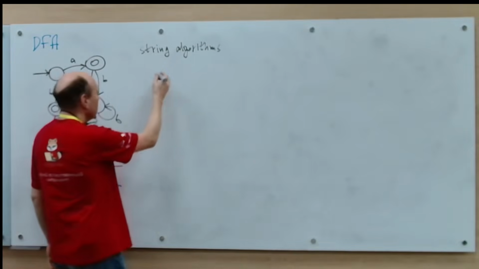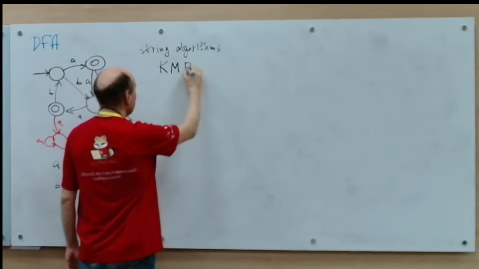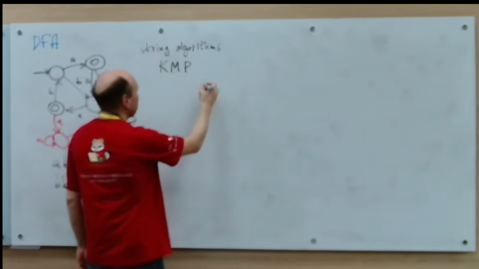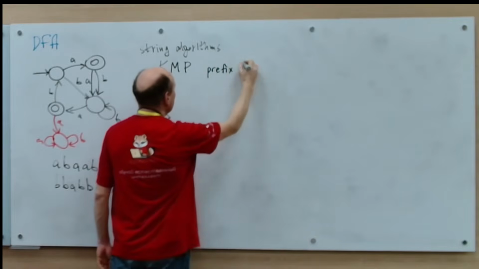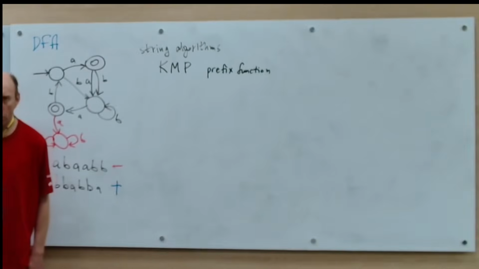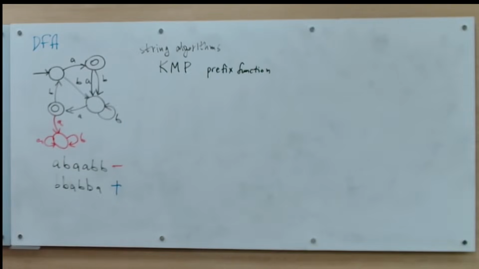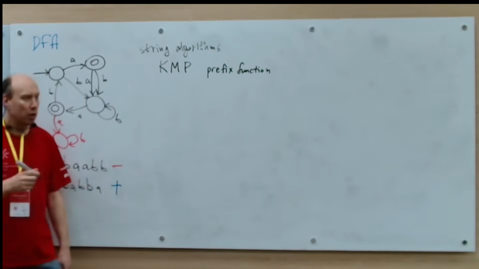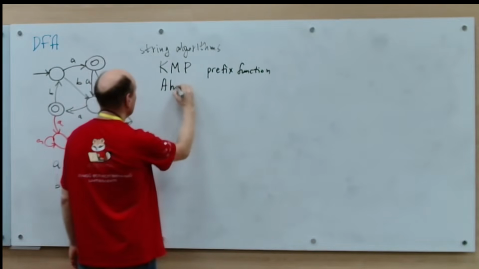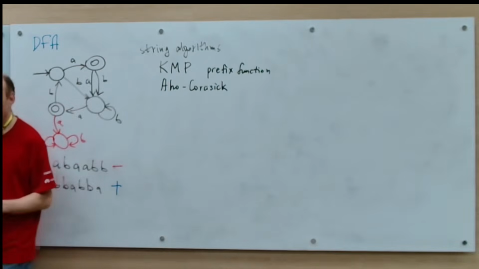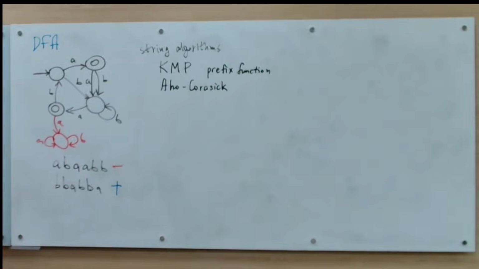It's sometimes called the KMP algorithm, or the prefix function. This can be reformulated using automatons, which we will do in a couple of minutes. The second algorithm, which is actually a generalization of this one, is the Aho-Corasick algorithm, which is essentially the same algorithm as KMP, but for many patterns.